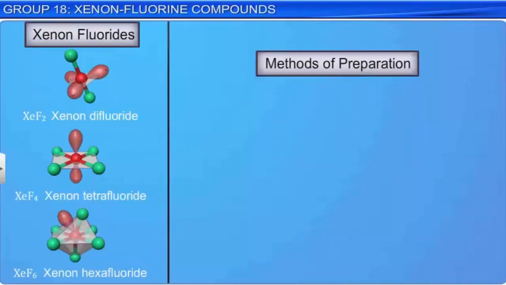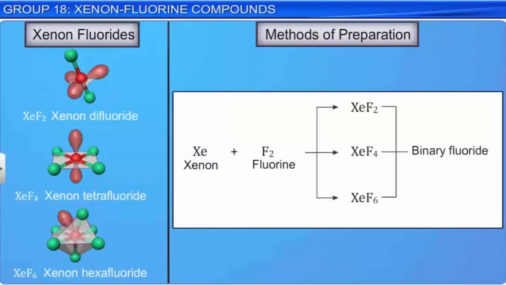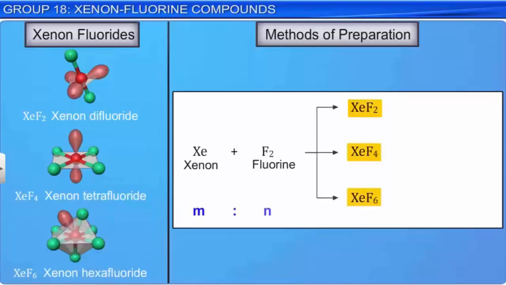Xenon directly reacts with fluorine to form a binary fluoride, which may be xenon difluoride, xenon tetrafluoride, or xenon hexafluoride. The product depends on the ratio in which xenon and fluorine react.